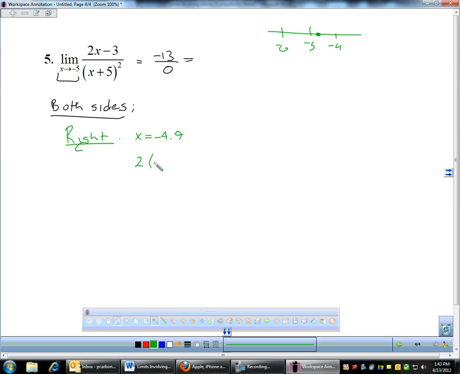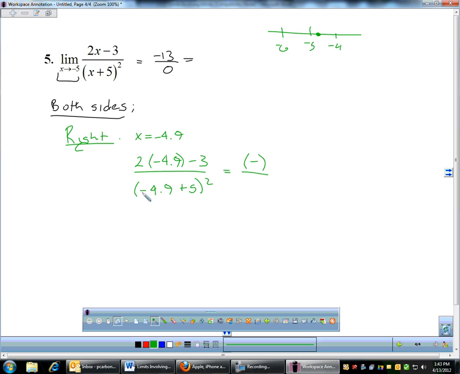So 2 times negative 4.9 minus 3 over negative 4.9 plus 5 squared. See, 2 times negative 4.9 is negative, minus 3 is still negative. The bottom's really nice, because if you square something, you always get a positive. Negative 4.9 plus 5 is positive. If you square it, you still get a positive. So this thing is approaching negative infinity from the right.